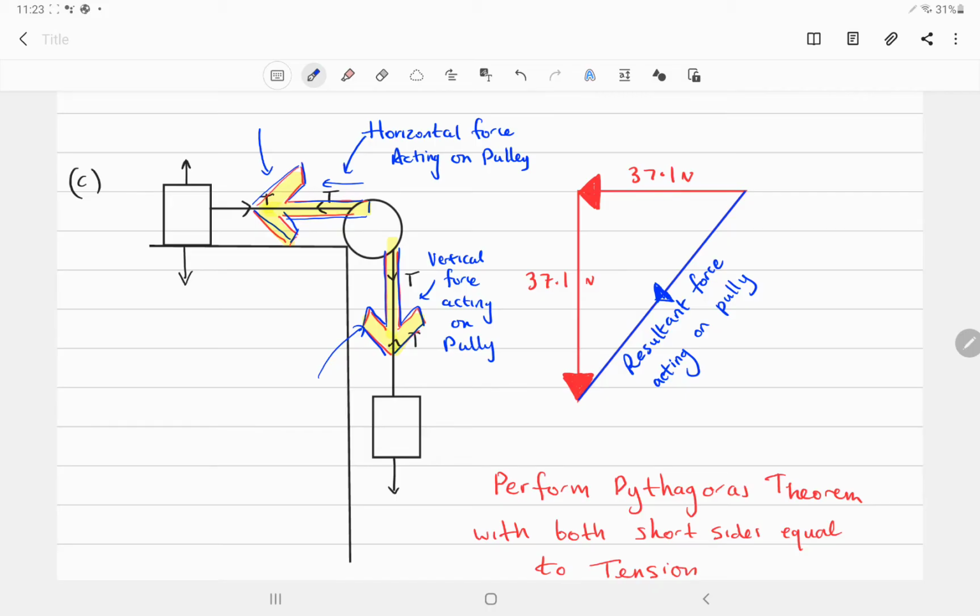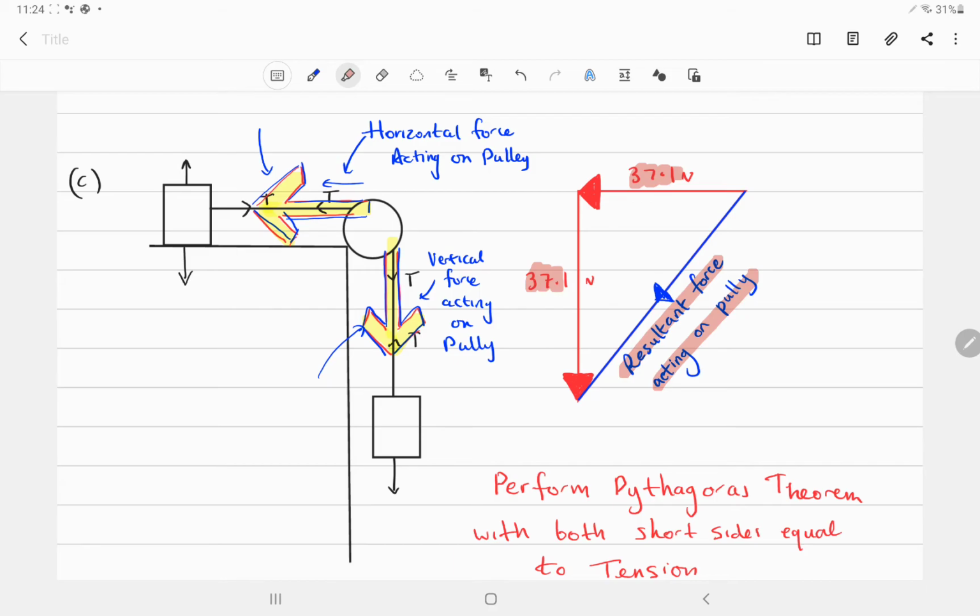Now whenever we are asked to find the force exerted by the string on the pulley, what we're looking for is the resultant force. So if we're asked for the force, we know that there's two forces acting on it, but we're looking for the resultant force. Now just notice how I've arranged those two arrows. You arrange them nose to tail.